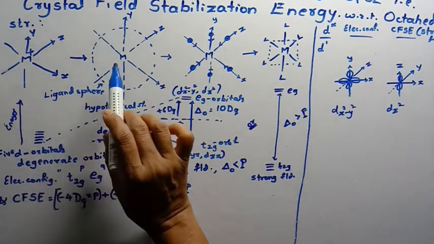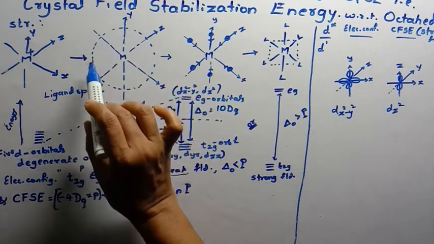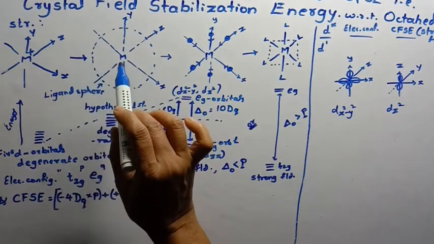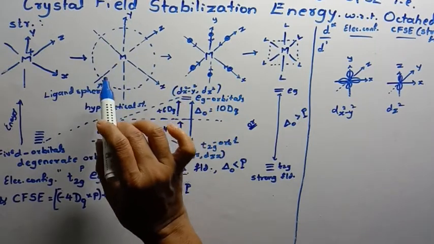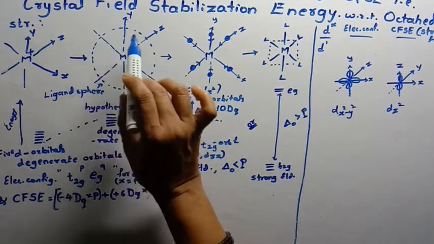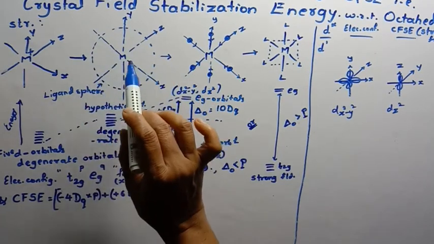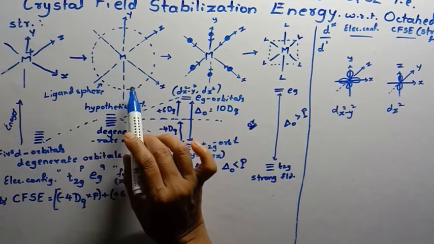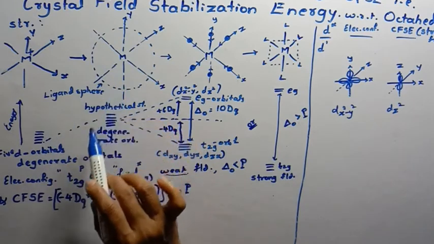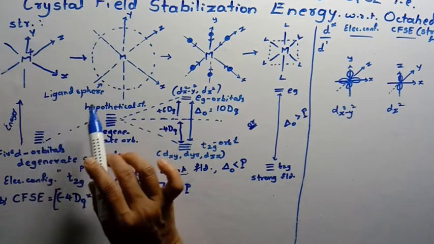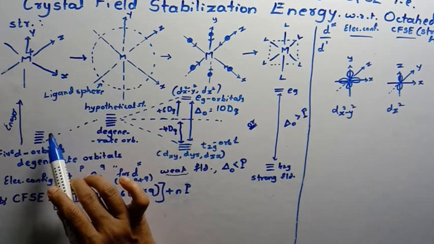So now when the ligand field is approaching, say imagine it surrounds the metal ion spherically. That means this field is created by the 6 ligands, and it surrounds the metal ion spherically and is symmetrically uniform. So then what happens? At this stage, all the 5d orbitals are interacting with the ligand field, but all of them are at equal distance from the ligand field.